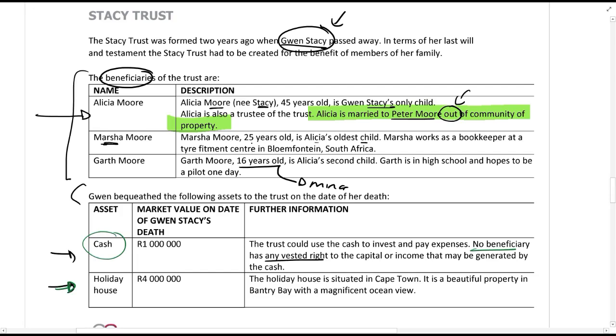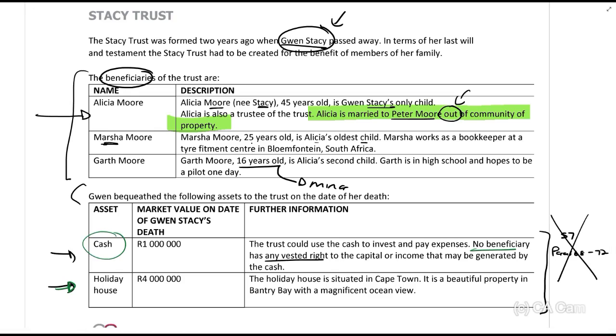But there was no living donor, so none of the income or capital arising from these assets can be subject to Section 7 or paragraphs 68 to 72, which are the sections that say that even though the beneficiary might receive it, the donor gets taxed. For example, if it goes to a minor child from a parent, Section 7(3) says the parent must be taxed. That only happens if the donor is still alive and you can tax the donor. The fact that she passed away 2 years ago means these amounts cannot be subject to Section 7. That is the most important thing to understand about Gwen.